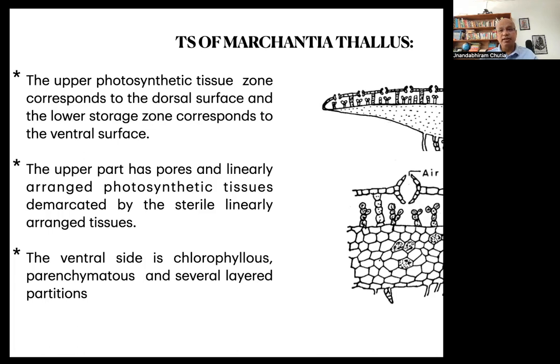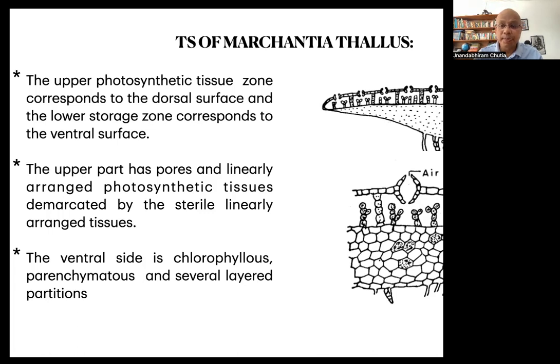These air pores are stationed on the upper epidermis, as we find in the higher plants. The photosynthetic tissues are specialized here, what we call photosynthetic filaments. Maybe the genetic makeup of this formation of the photosynthetic filament in due course of time has given rise to what we find as the mesophyll cells, or the spongy leafy tissues, in the later part of the development of the plants.